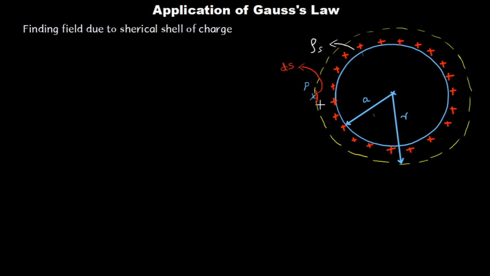If I can evaluate it for this small ds, I can put this ds everywhere on this surface and find it for the entire sphere. That is the idea. So let me first find the D vector or flux density of this particular area, small ds. Then I can use the definition of D vector to find Q or flux for the entire sphere. So for that, let me represent the flux lines coming out of this surface.